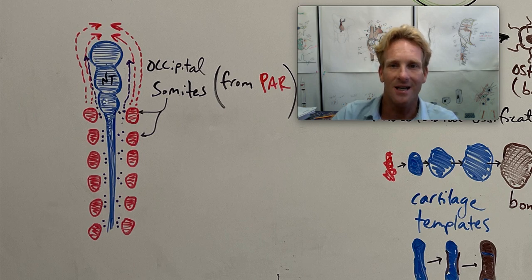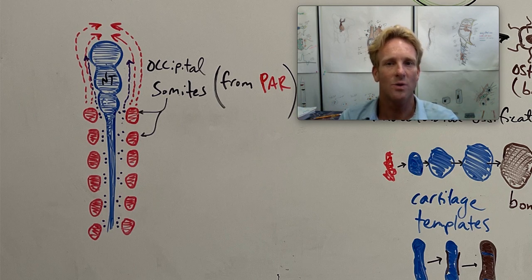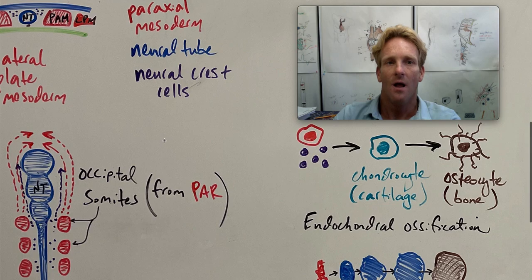So that's essentially how it all works. You have these occipital somites, which were originally positioned around the more caudal end of the neural tube. They migrate forwards to create the skull.